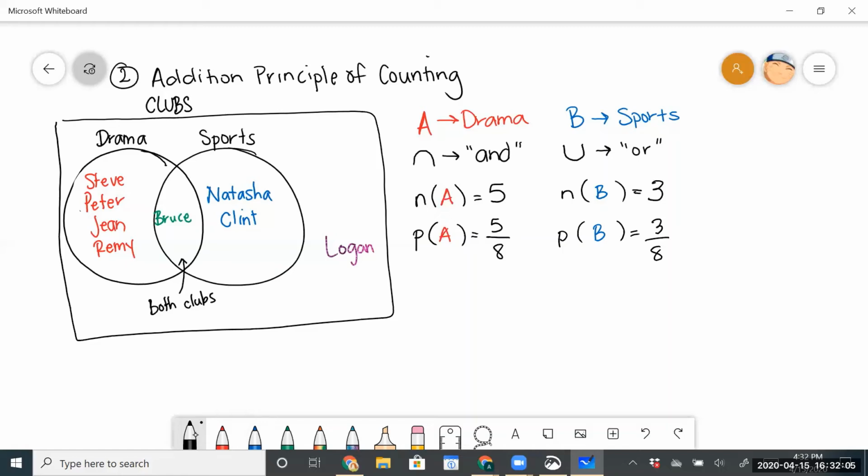Now it is also possible that they ask you for some type of grouping of clubs. So they might ask the following question.